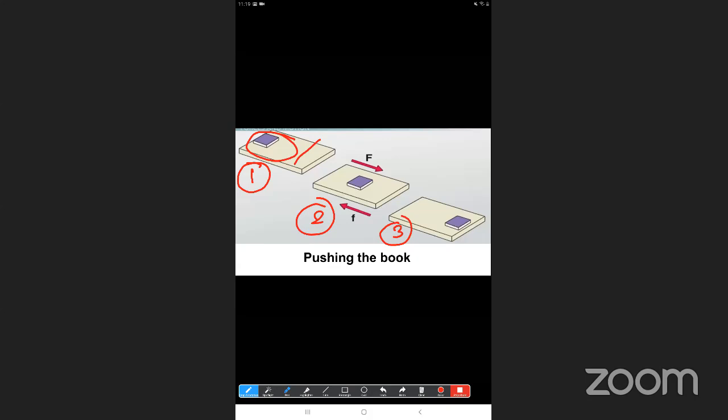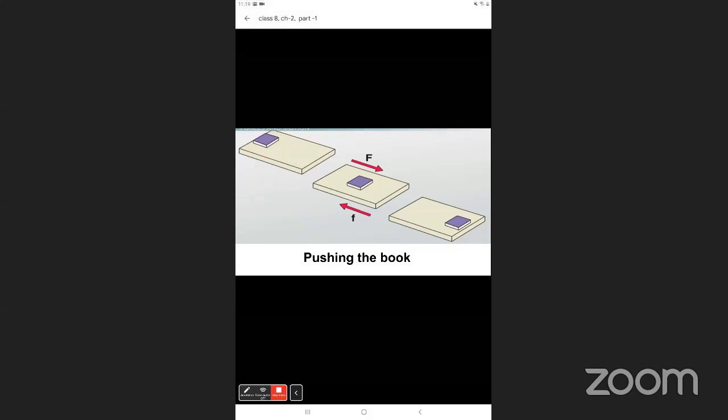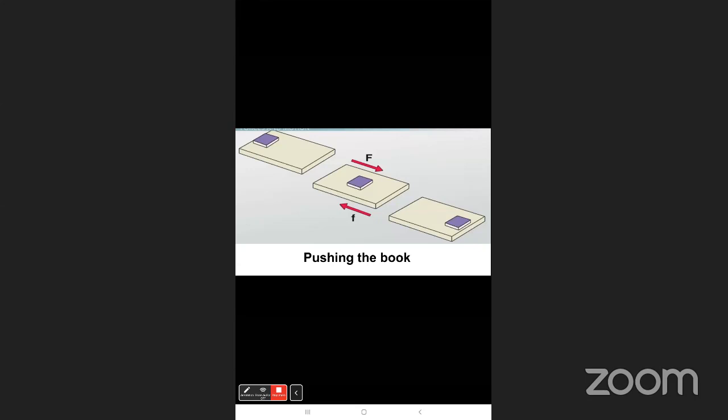Here, gently push the book on the horizontal floor. We are pushing this book on this horizontal floor. So what will happen? What do you observe here?